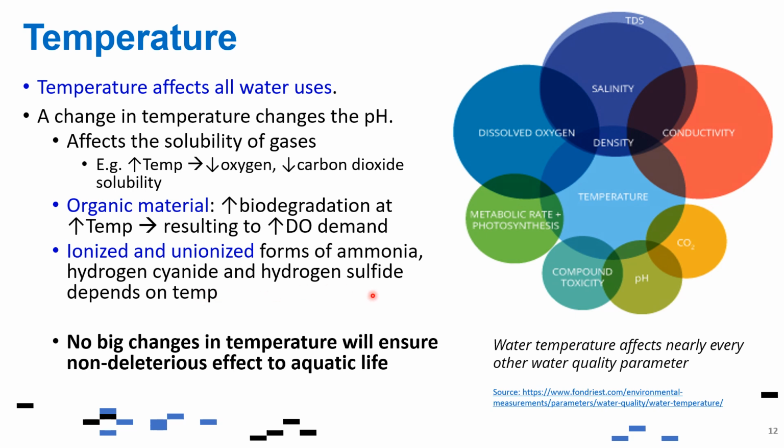So that's why temperature is a very important parameter, because it's basically a universal factor affecting all other parameters in the water. No big changes in temperature will ensure a non-deleterious, or non-damaging, effect to aquatic life.